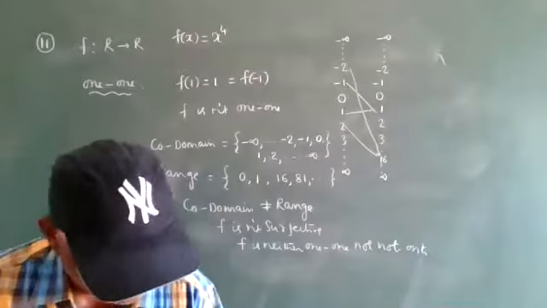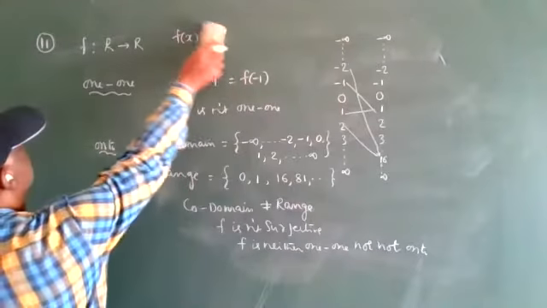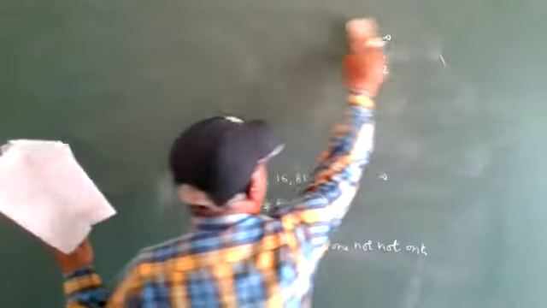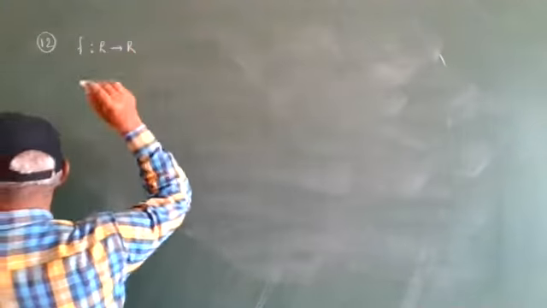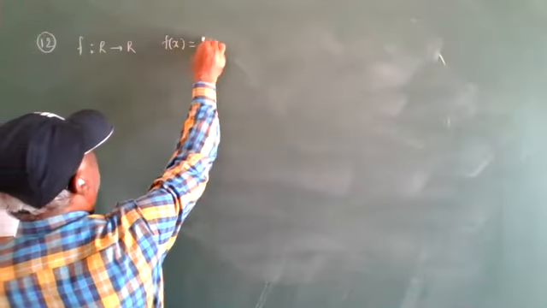Right. Last, the 12th problem, everyone see. Here the answer is option D. The 12th problem: F is a mapping from R to R, F of x is equal to 3x.